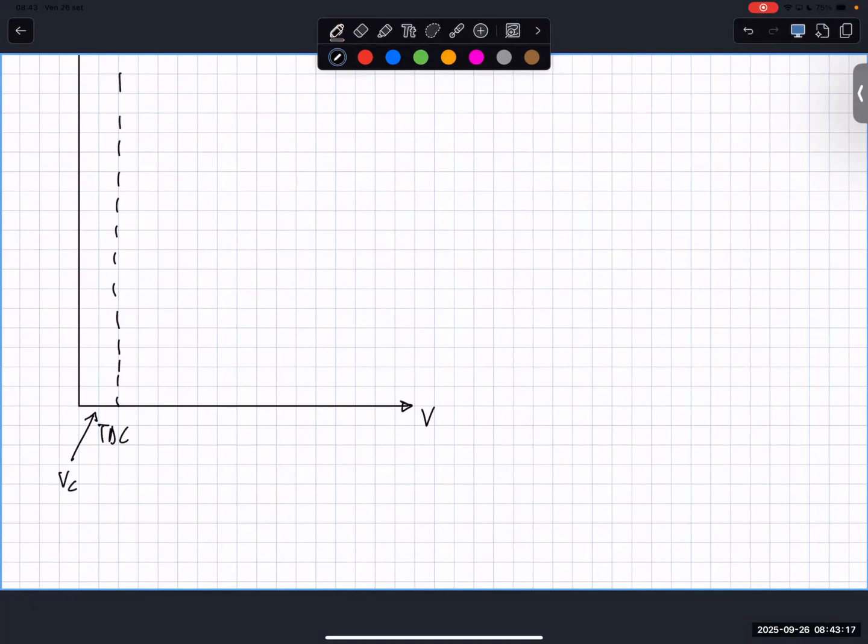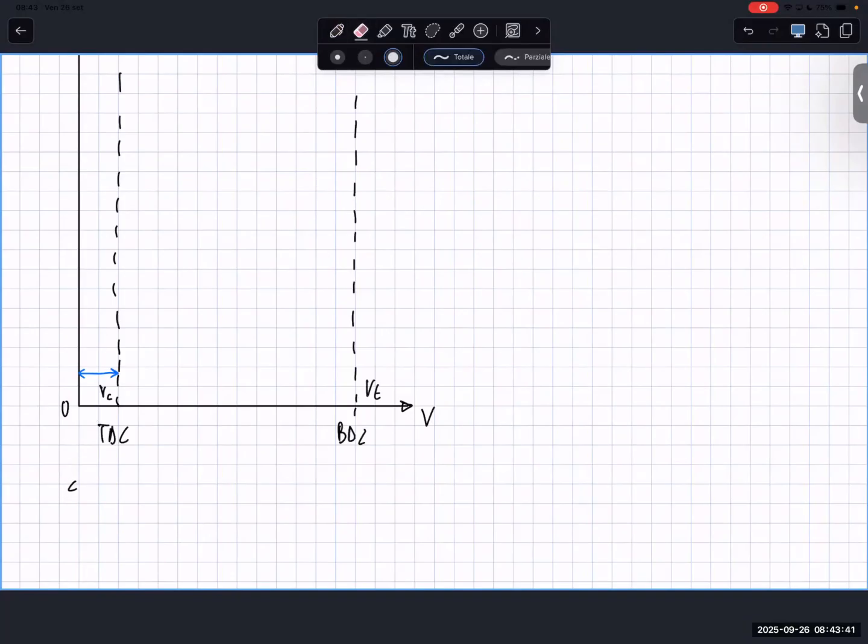Clearance volume will be related to this distance. And here we have the maximum volume corresponding to BDC. So clearance volume is this part, corresponding to this side. Here we have the ambient pressure.